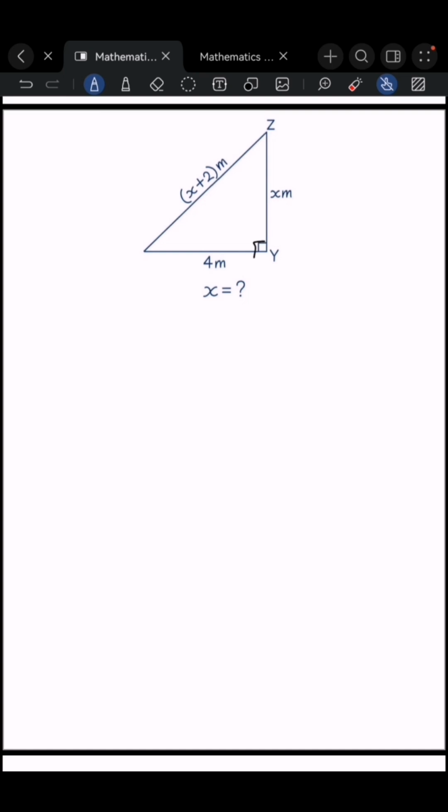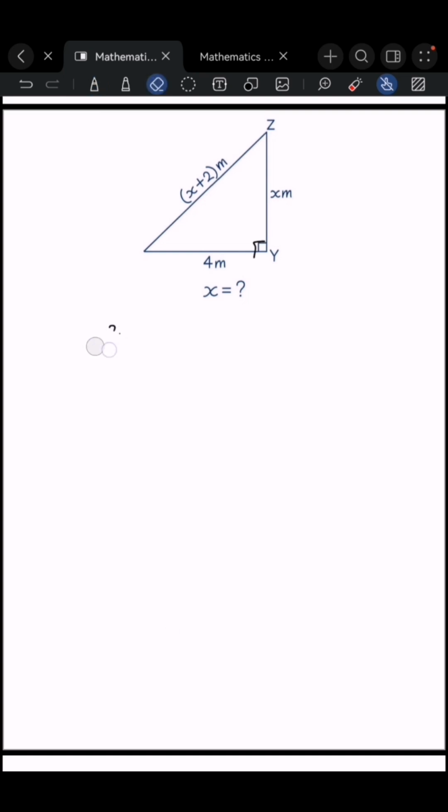Therefore, it means 4 squared plus x squared, which are these sides here, and the hypotenuse is x plus 2 squared.